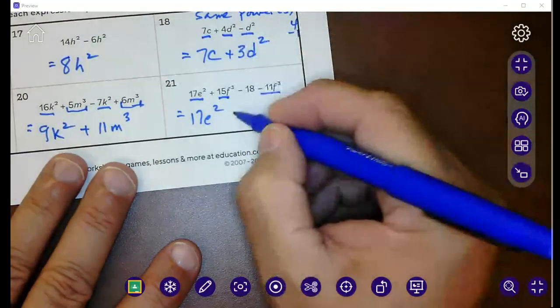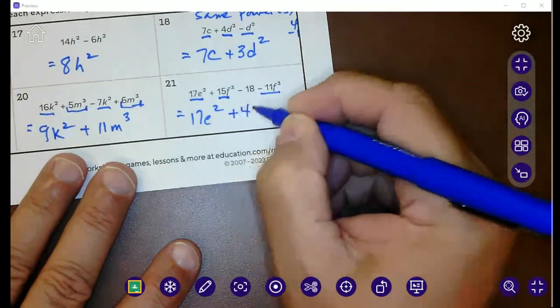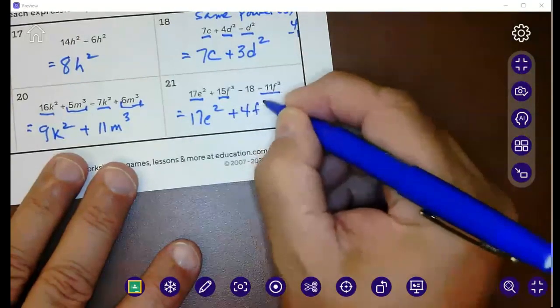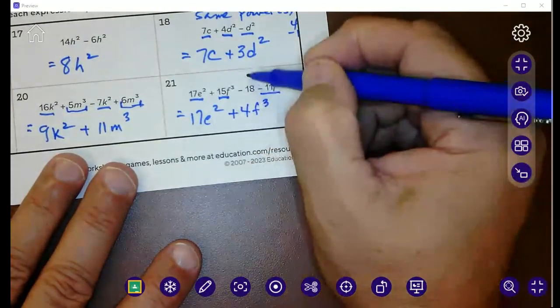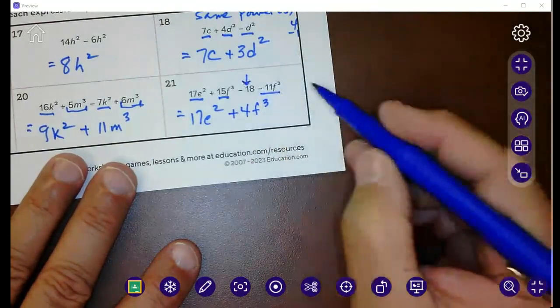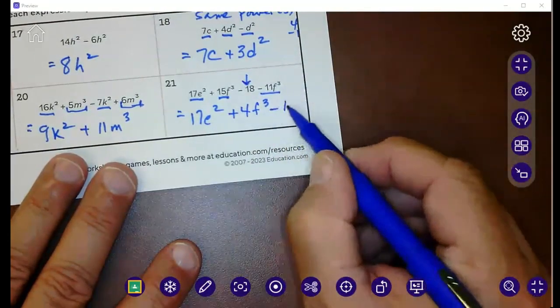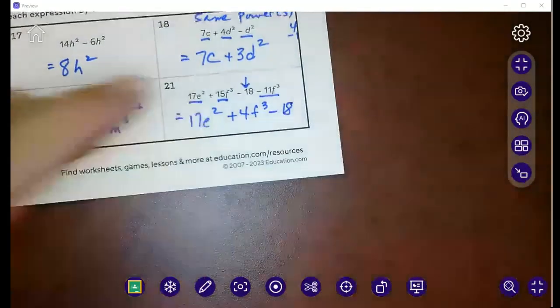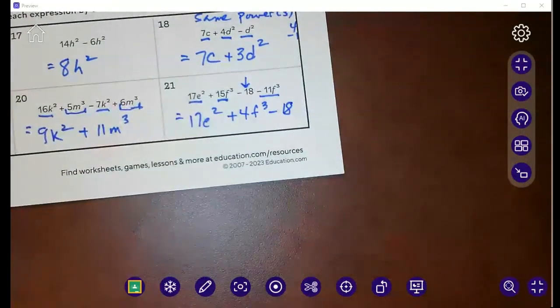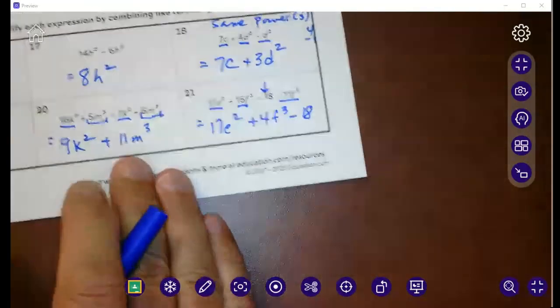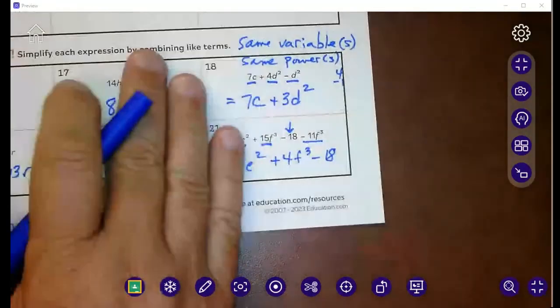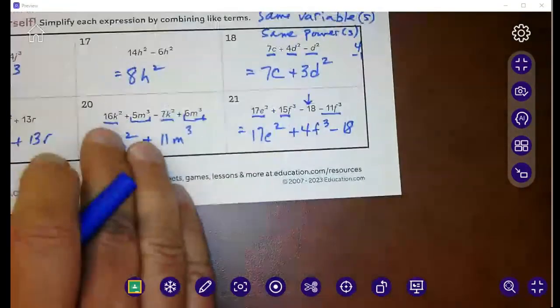And so 15 minus 11 is 4f cubed. And then we have this negative 18 sitting here left over. And so there's nothing to combine it with. So we get negative 18. So that simplifies to 17e squared plus 4f cubed minus 18.